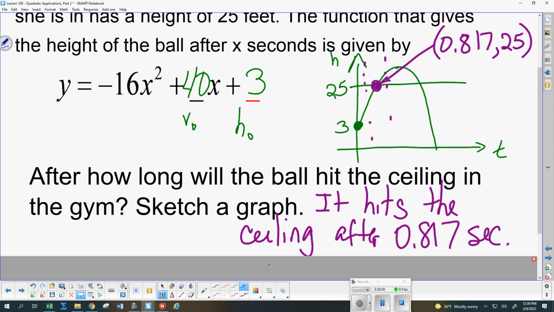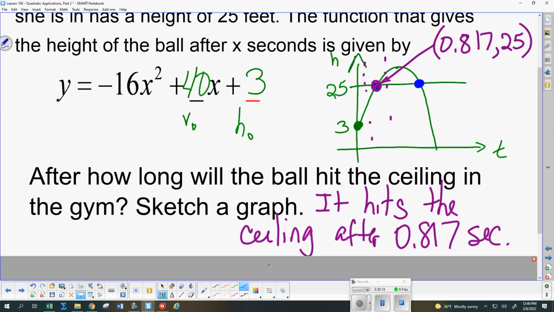Now, should I also find this one like we did on that other graph? And why or why not? Why not? It doesn't go through the ceiling. Now, that means once it hits the ceiling, it takes no more time going up. It immediately starts going back down, right?